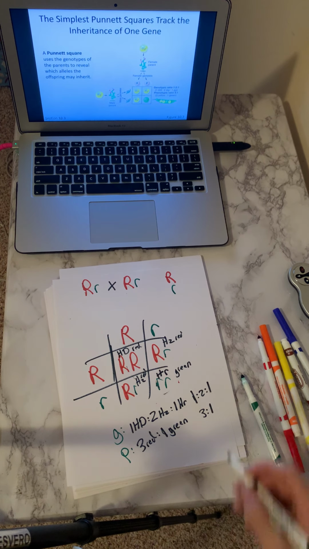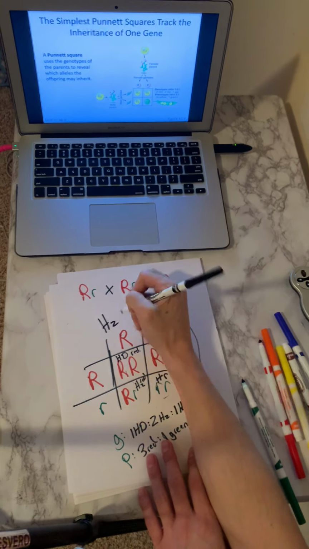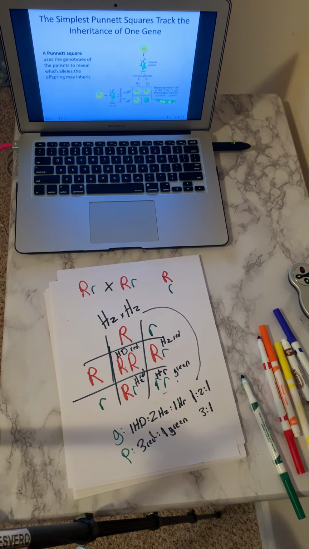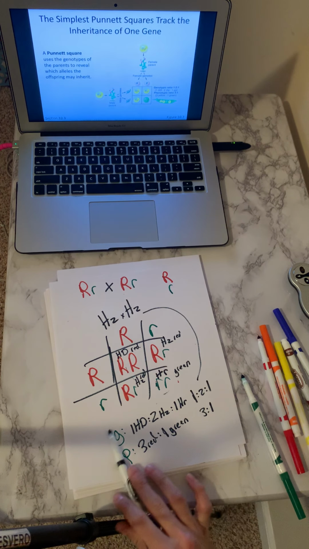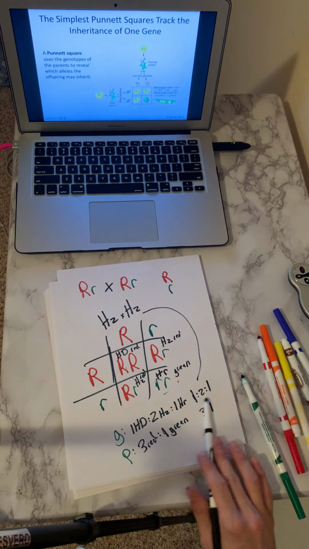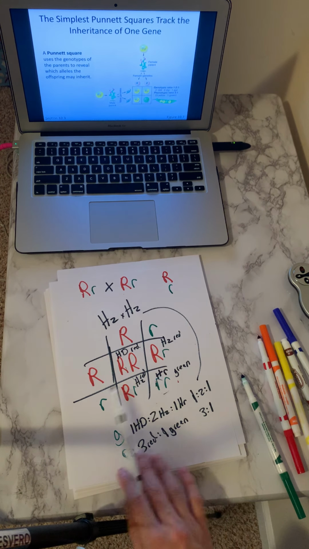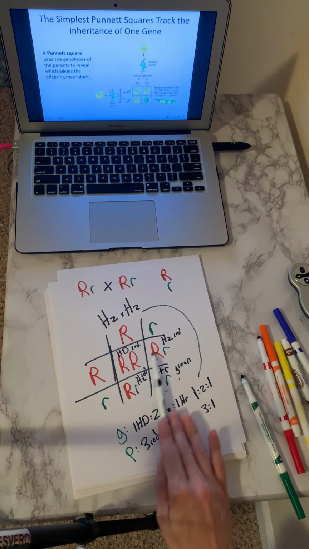And those ratios will always be the same as long as you have 2 heterozygous individuals being bred to one another. Heterozygous individuals always result in a 1 to 2 to 1 genotypic ratio and a 3 to 1 phenotypic ratio.